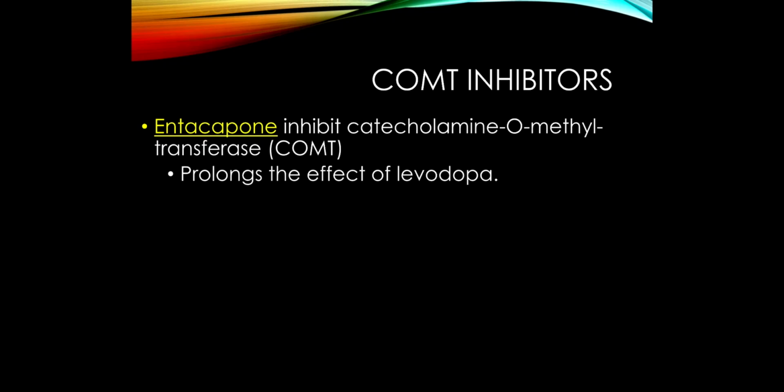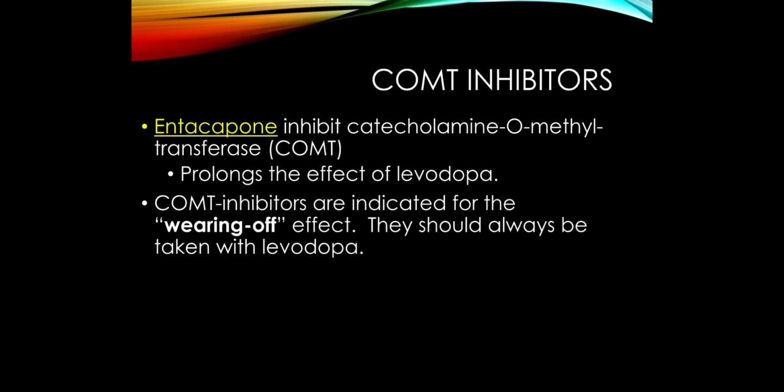And they can't just take extra carbidopa levodopa because maybe they have side effects. They're having hallucinations or something. So the entacapone just extends the action of the levodopa a little bit. It helps for wearing off. That's its one indication, but that wearing off is a big problem, so we often will try entacapone in that setting.